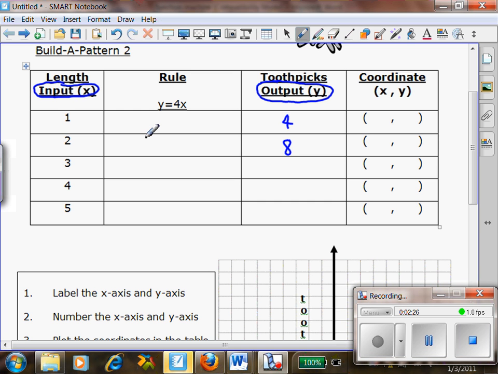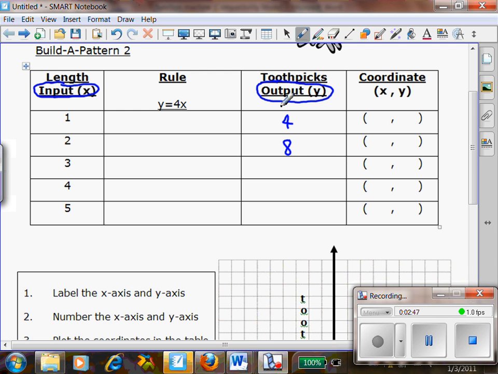And then the other way you can do that is by using your rule. So you came up with a rule of whatever the length is, if I multiply it by 4, that will give me the number of toothpicks. So yours might look a little bit different than mine because I used X and Y. Now the reason why I used X and Y is, can you guess?